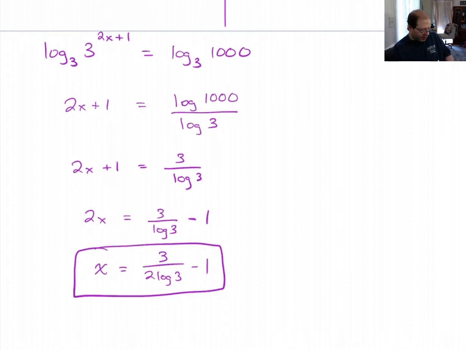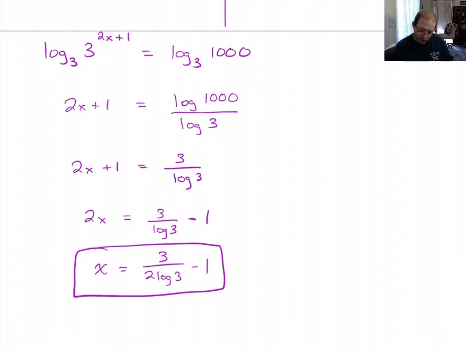I could just put in 3 divided by parentheses 2 log 3 minus 1. See, I need to be careful. The 2 log 3 is the denominator. Then minus 1 on the end.